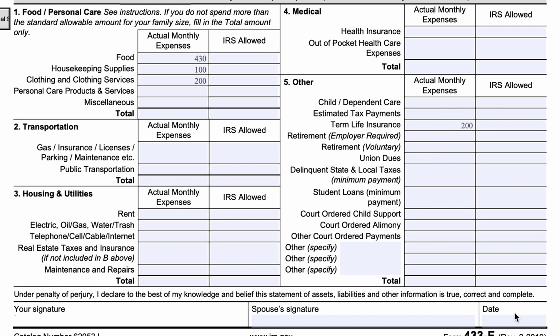But again, the purpose is to get a snapshot of your current financial situation so that the IRS can either approve, adjust, or make modifications to your proposed installment agreement.